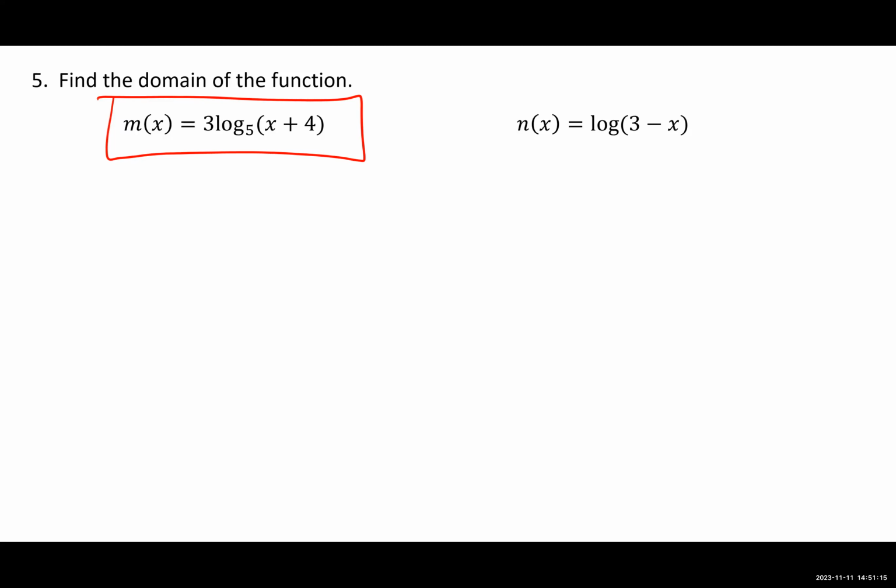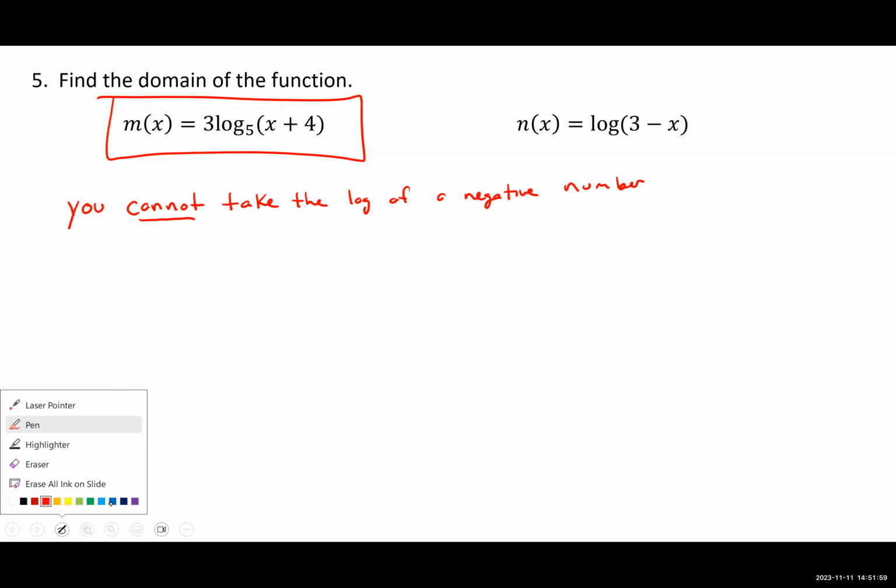Well, the rule is you cannot take the log of a negative number.